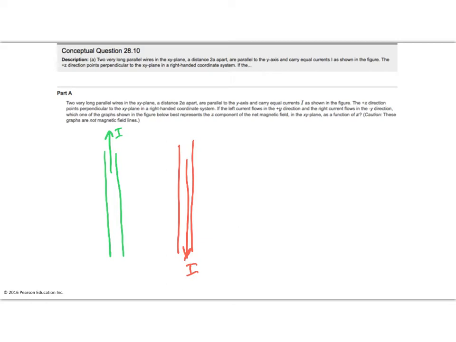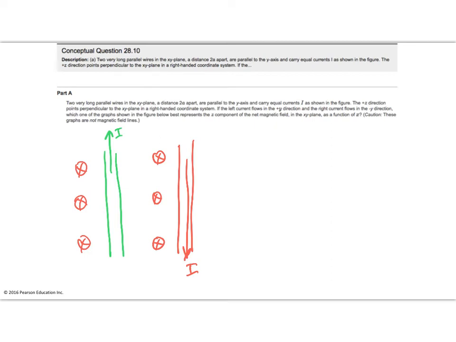I'm going to point my thumb down and then watch which way my fingers curl. To the left of the wire, my fingers are pointing into the page. So I'm going to indicate that with these X's. So that's the magnetic field due to the red wire.